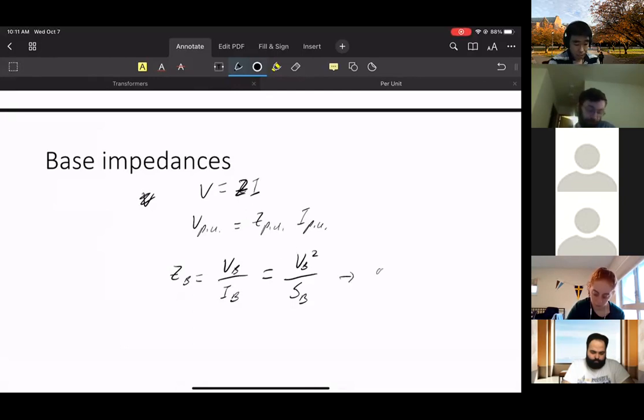So this is one base unit per zone, again for each voltage zone. So the mechanics is you pick V base for each zone, you pick S base for the entire system, and then plug in all those calculations.